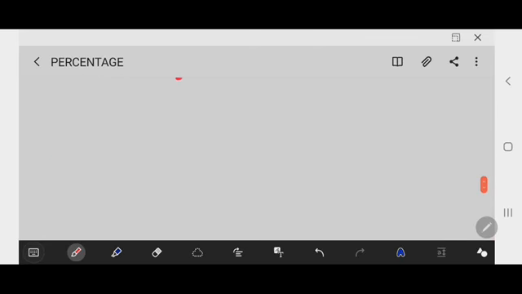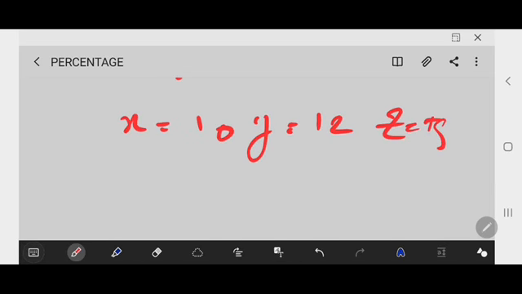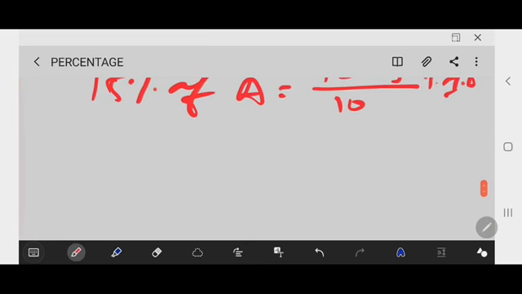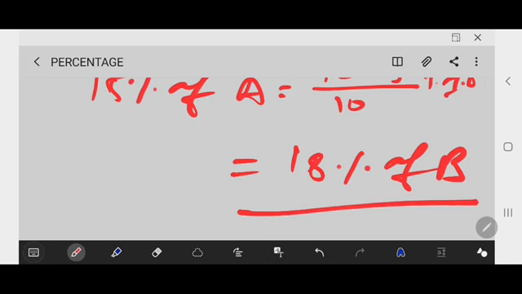We know the formula. Here x is 10, y is 12 and z is 15. So 15% of a equals 12 into 15 by 10% of b. So the answer is 18% of b. These are the tricks.